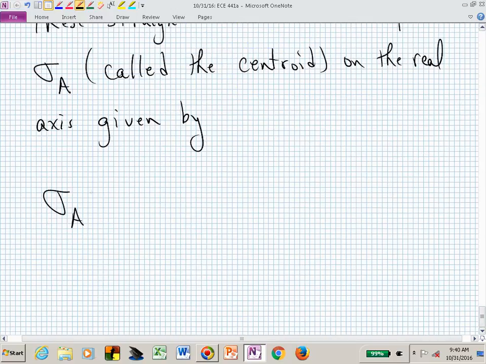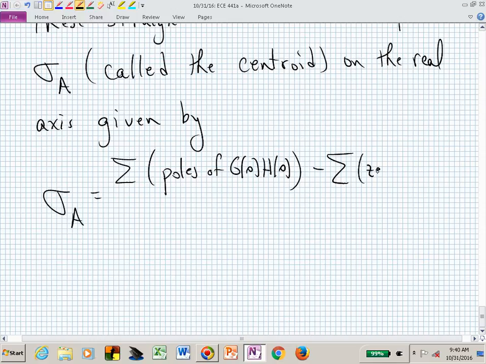Sigma sub A is equal to the sum of the poles of our G of S, H of S transfer function. We sum up all of those poles, and the imaginary components are going to cancel because they come in conjugate pairs, but the real parts of those complex poles will be important, minus the sum of the zeros of G of S, H of S, all divided by the pole zero excess.